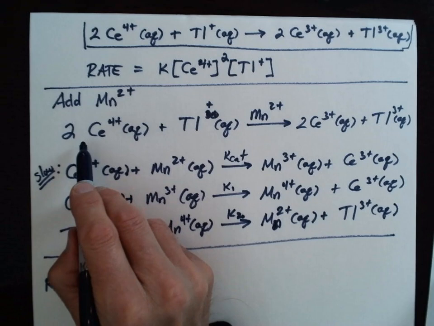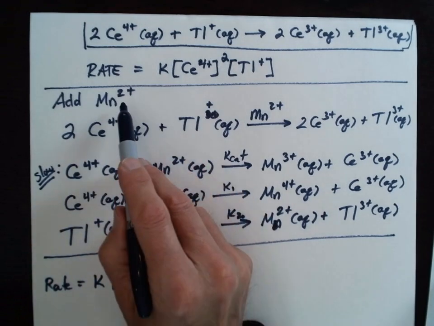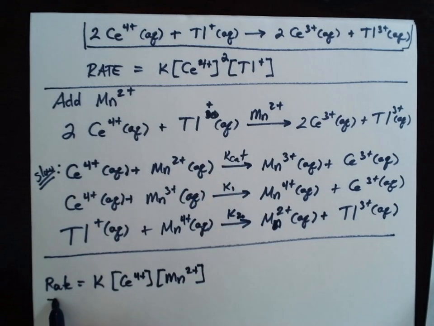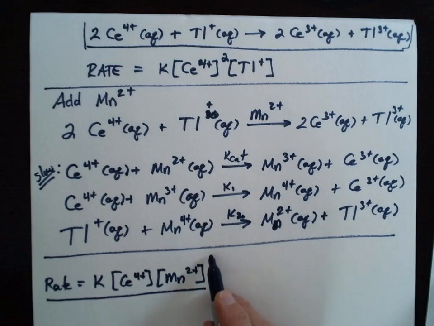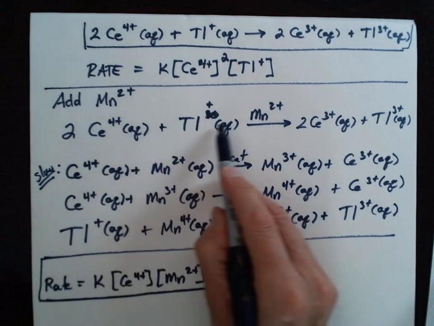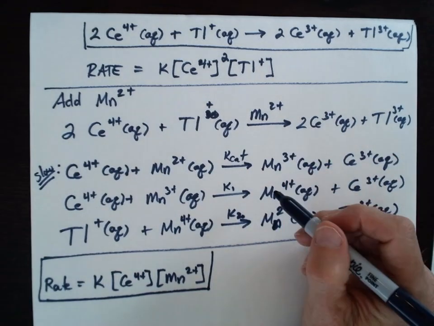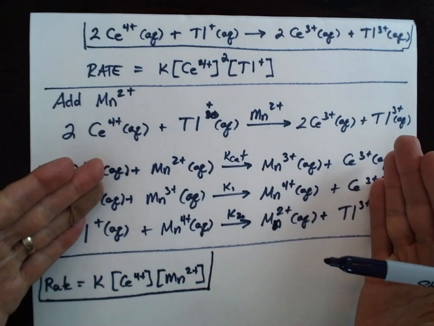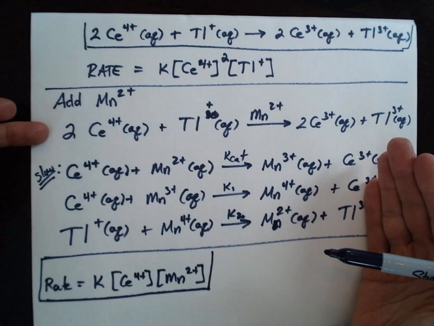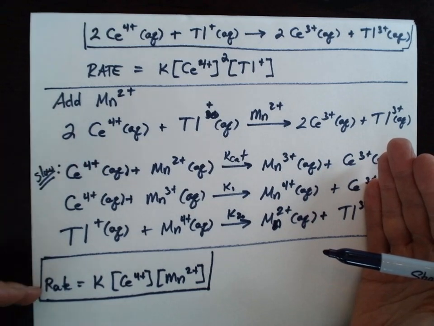And indeed, when these reactants are mixed with some manganese 2, this is the rate law that's experimentally observed for this particular reaction catalyzed by manganese 2. And so we can say that this mechanism is consistent with the experimentally determined rate law.